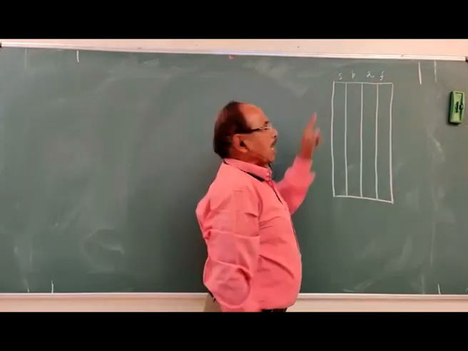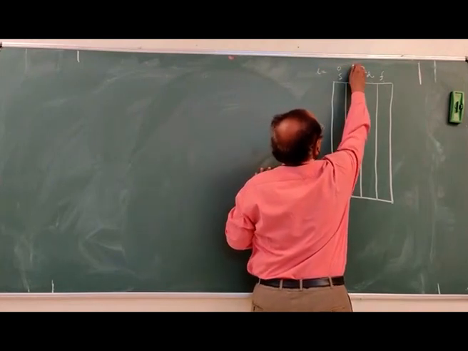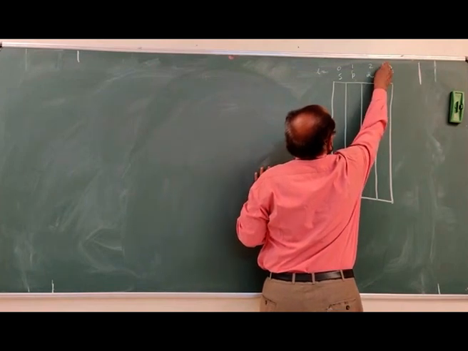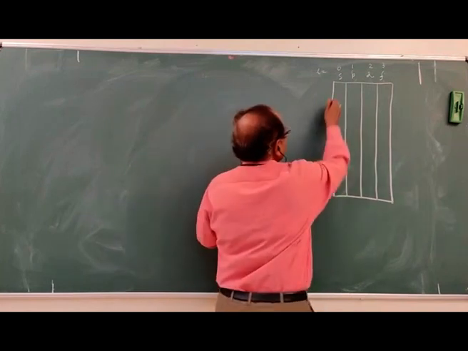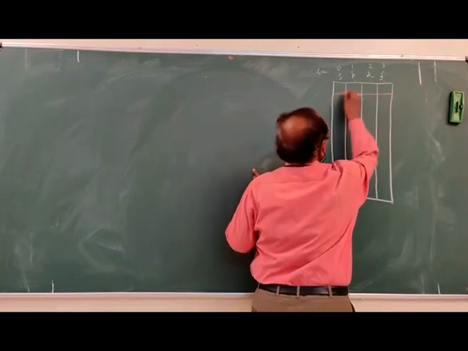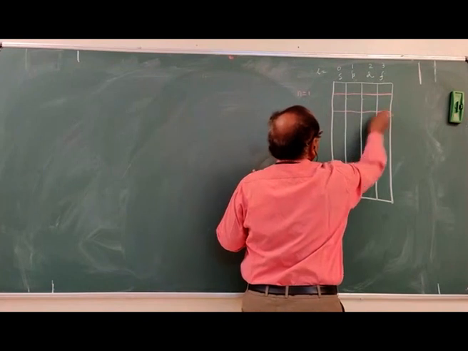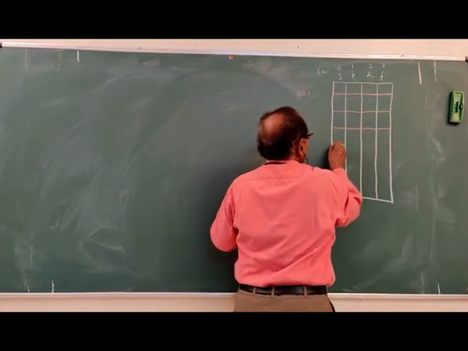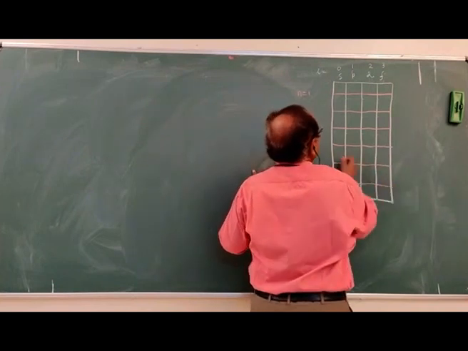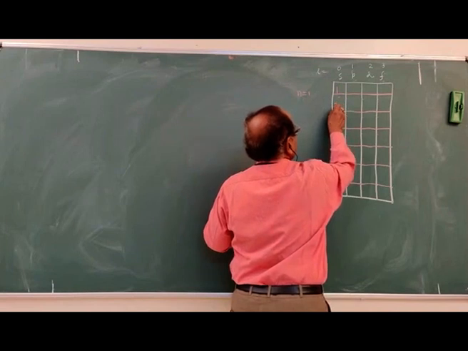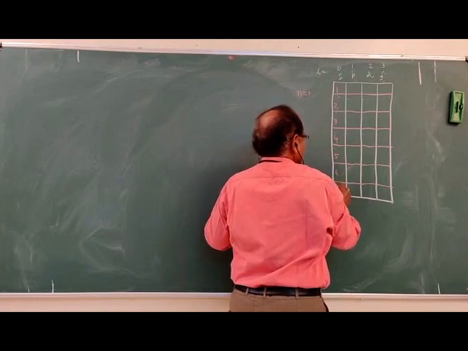These orbitals are represented by the azimuthal quantum number 0, 1, 2, 3. And now coming to the principal quantum number, we will write these cells as n equal to 1, 2, 3, 4, 5, 6, 7.